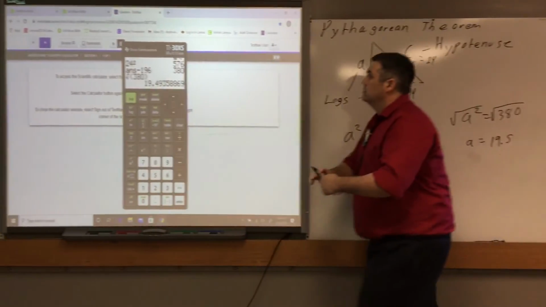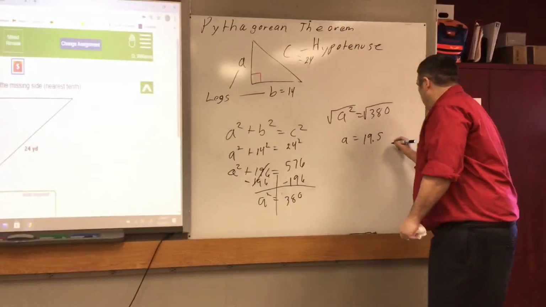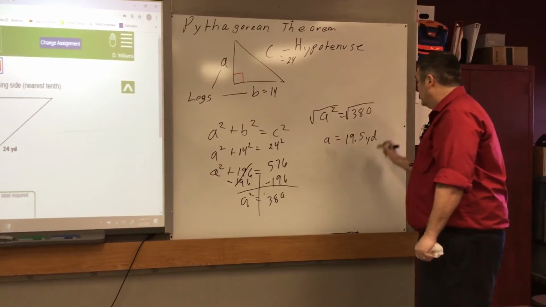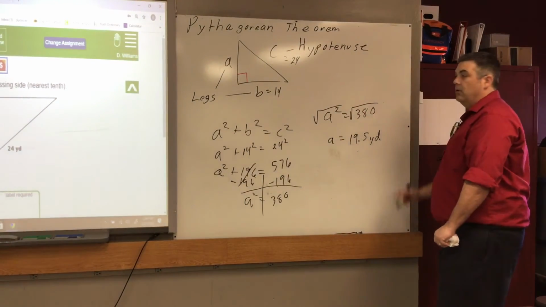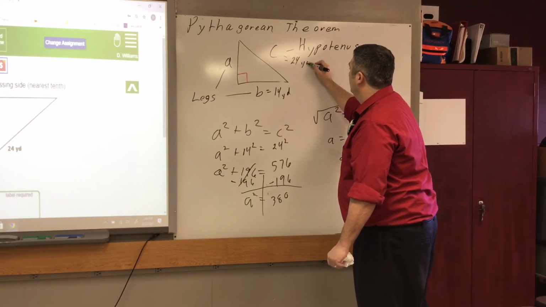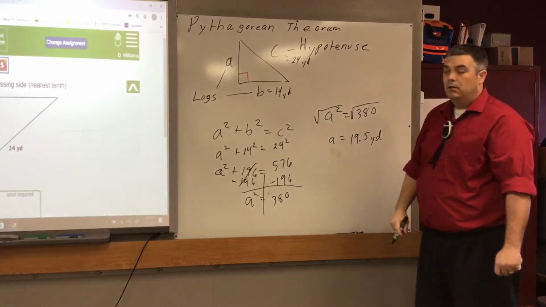I don't remember what the units were. Yards. Okay, that's what this is. So the distance from here to here is 19.5 yards. This was 14 yards, this was 24 yards, so we found what the distance for the other leg was.